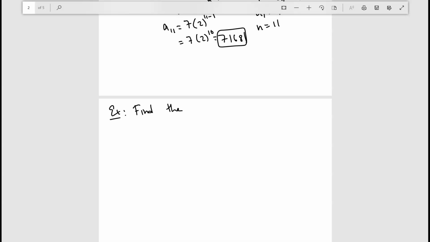Find the 7th term of the geometric sequence.